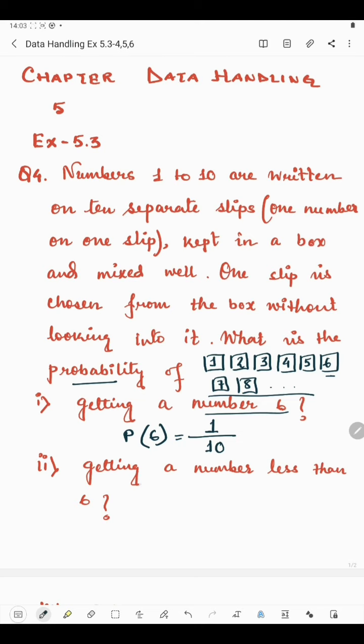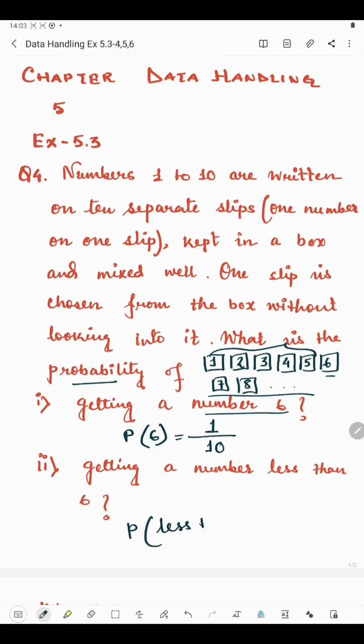In the next part we have getting a number less than 6. Now what are the numbers? Which slips are less than 6? Now see, from 1 to 5 these are all less than 6. So what is the probability of getting a number less than 6?